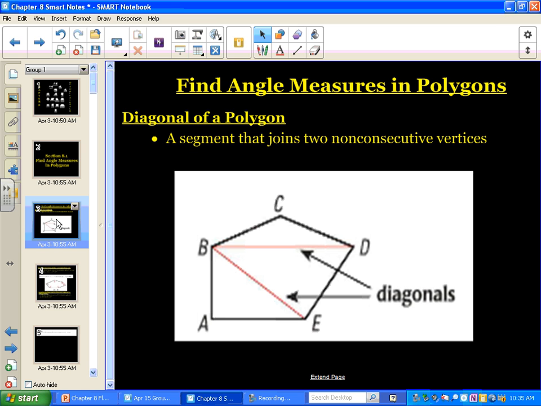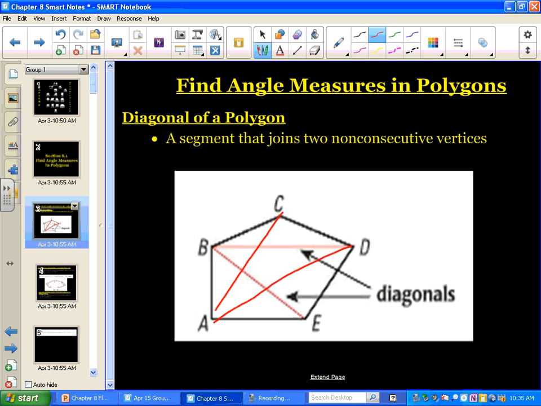This is a segment that joins two non-consecutive vertices. So here, BD is a diagonal, BE is a diagonal, AD would be a diagonal, AC is a diagonal, CE is a diagonal. Okay, so all of those are diagonals for this polygon.